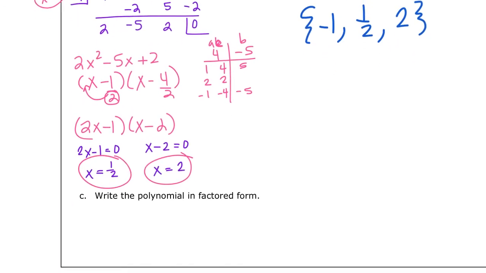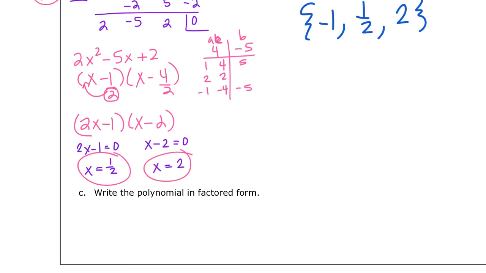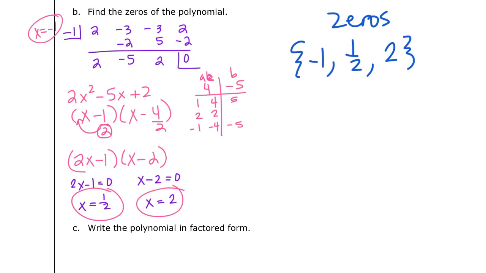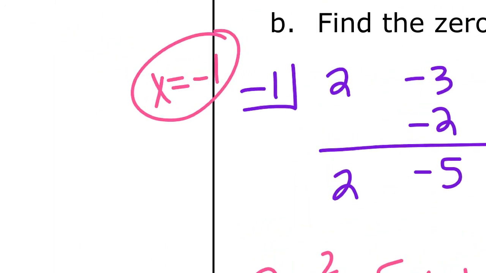Okay, then part C says write the polynomial in factored form. So we're going to get the factors directly from the zeros. We kind of already did this problem at the very beginning. The good news is that some of the work is already done for us, because for 1/2 and 2, if you follow backwards, we already have their factors here. All we need to do now is find the factor that goes with x equals negative 1.